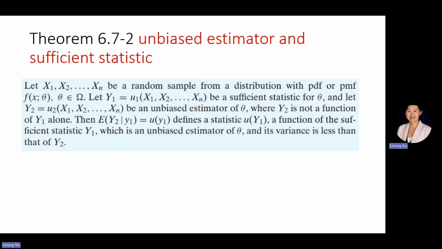So we're creating this new function, u(y1). It is both unbiased, and it's also sufficient because it's a function of y1. That's the reasoning on how to create an estimator that is both sufficient and unbiased. Any questions? So that was one of the ideas.